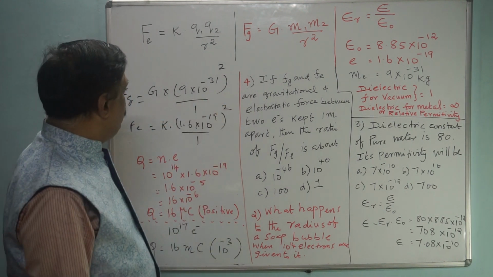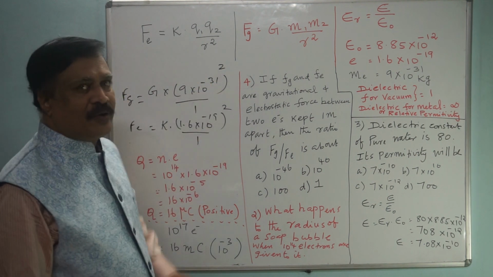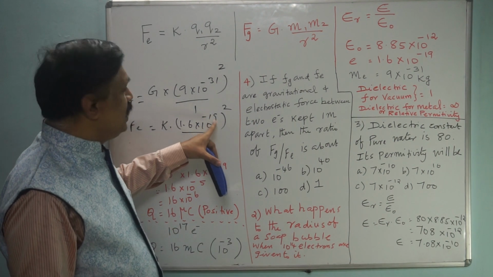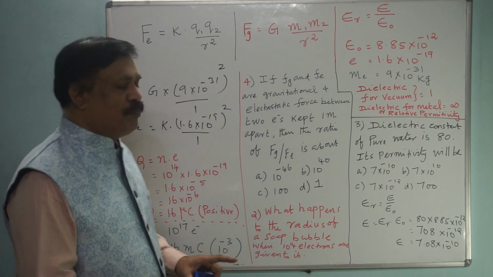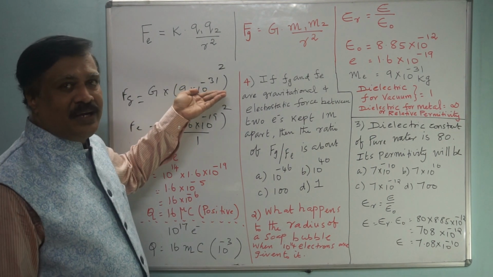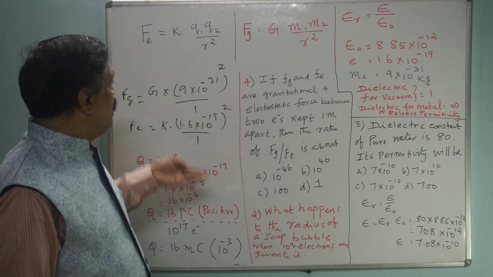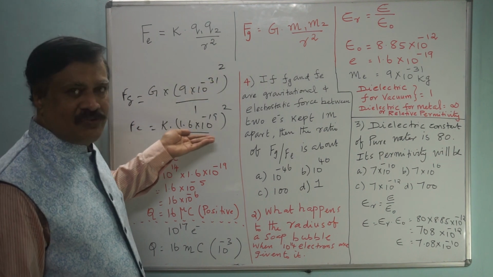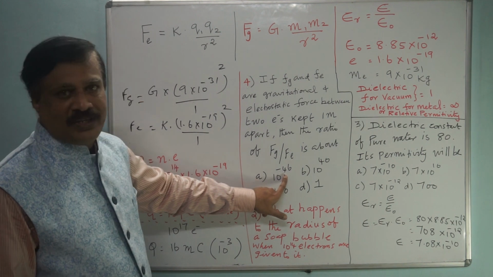If you divide, here minus 31 squared, that means minus 62. Here approximately 19 means 38. Therefore your answer will be definitely negative power, because in the numerator minus 62 is there and G value you are going to substitute, and here a lesser value, therefore your answer should be 10 power minus 46.